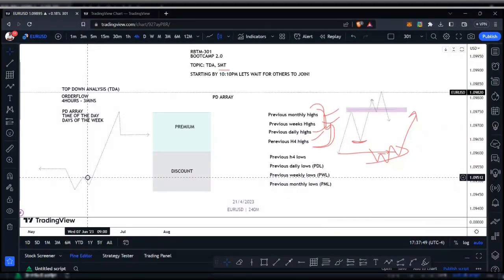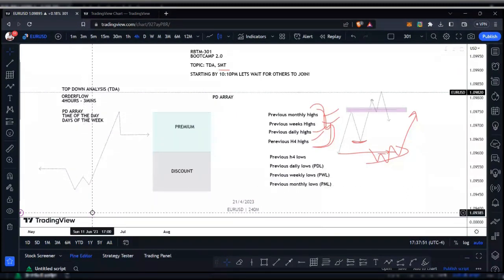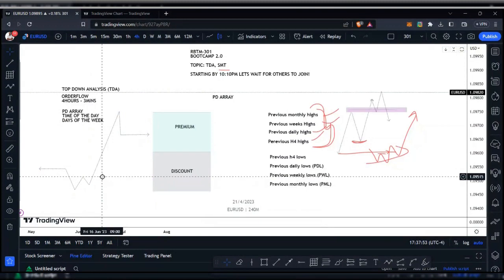So on Monday, Tuesday, we're expecting that price should go the opposite direction. Remember the smart money, I think there was a video Fort did on accumulation, manipulation, and distribution. So on Monday, Tuesday, we're expecting the manipulation and the accumulation.